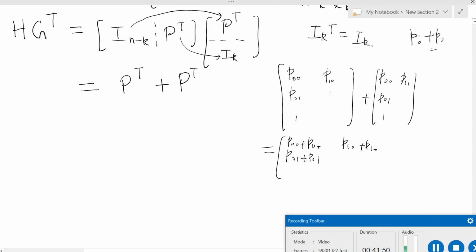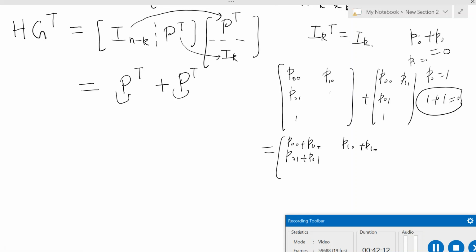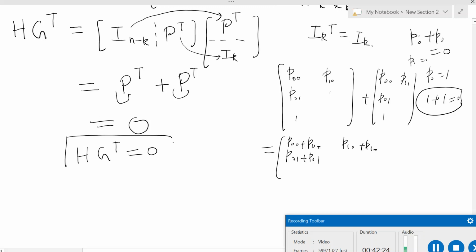P0 plus P0 will always be 0. Why? Because either P0 is 0, then obviously 0, or P0 is 1, and 1 plus 1 is 0 in the binary case, in modulo 2. So P transpose plus P transpose is adding two matrices element-wise with itself. Each element is either 1 or 0, so the XOR of the same binary digit is always 0. So we have H G transpose equal to 0.